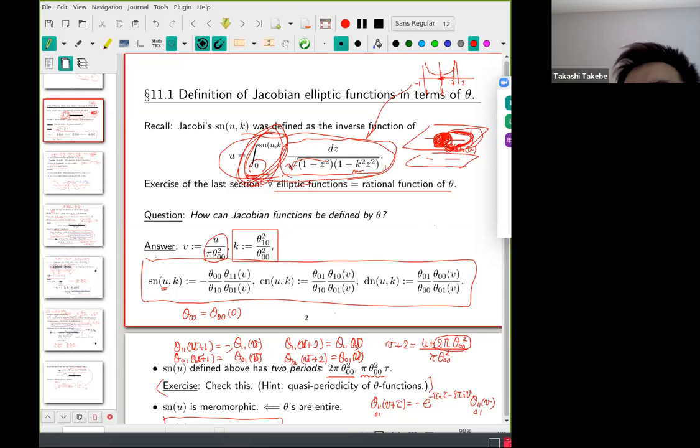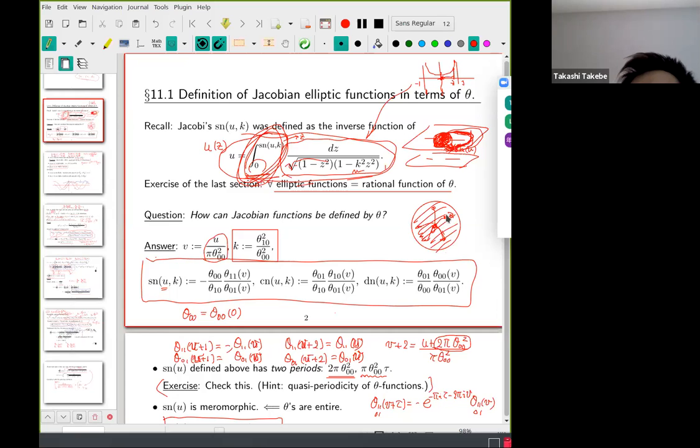So if we connect points close to the origin of the coordinate, there is no problem. We have a single valued function. If we replace this, then this is a function of u up to z.